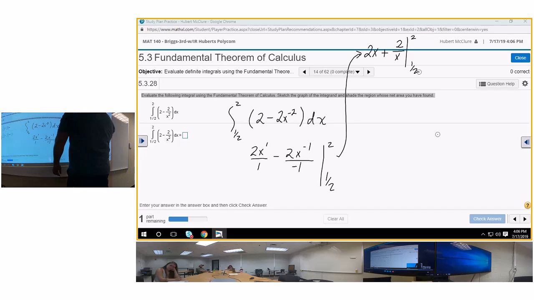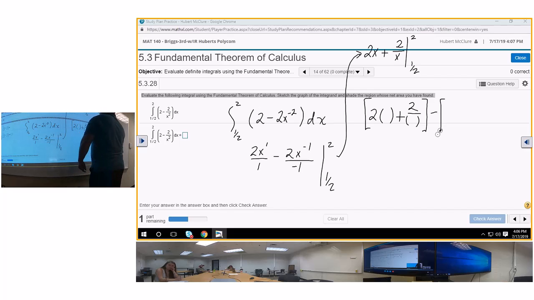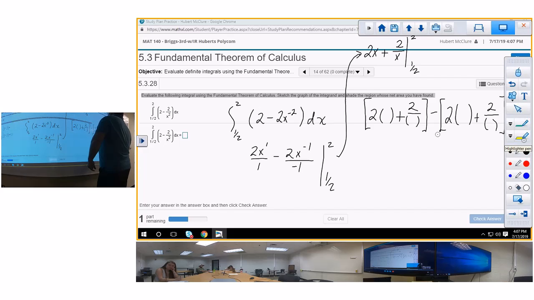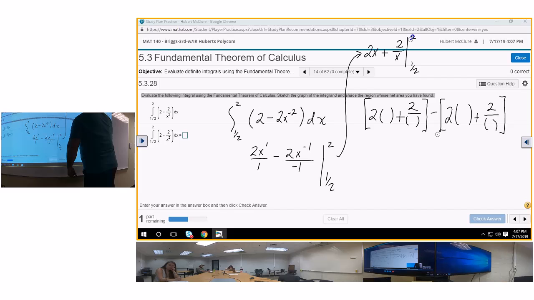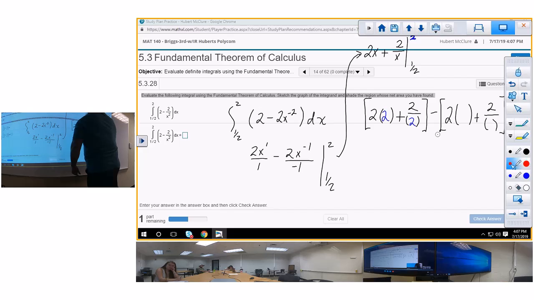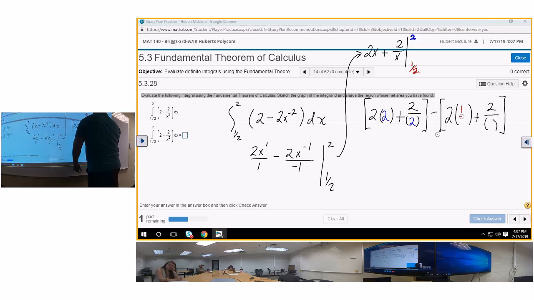So I'm going to rewrite: 2 parentheses plus 2 over parentheses, brackets, minus brackets, 2 parentheses plus 2 over parentheses, brackets, and that's my 2 right there, and my 1/2 right there.